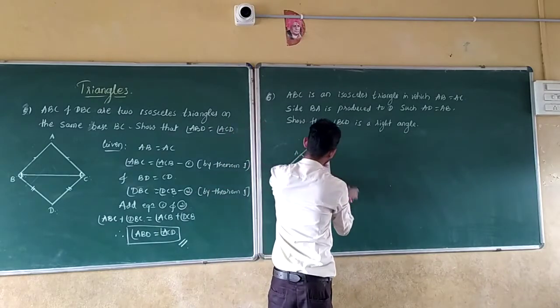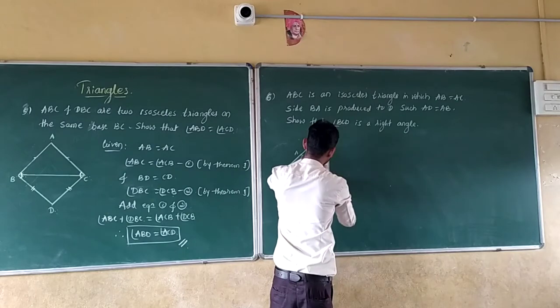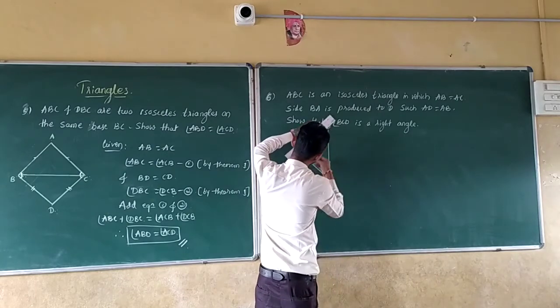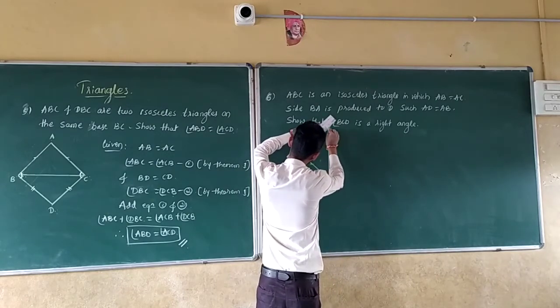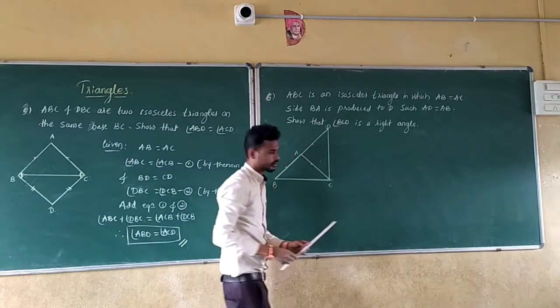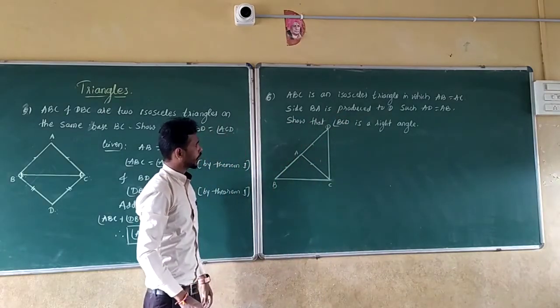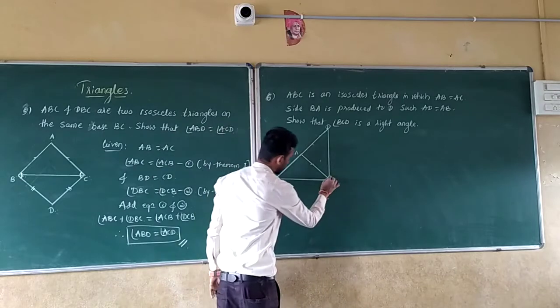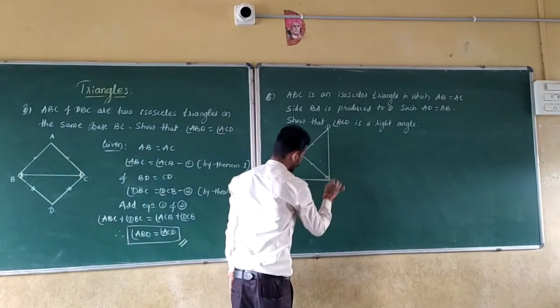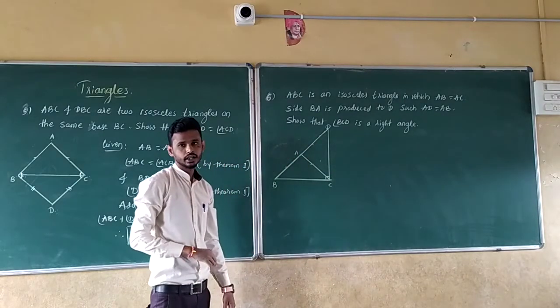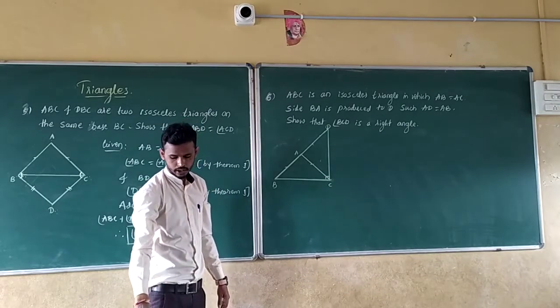Then join this. Now show that angle BCD is a right angle, means we need to show this angle is 90 degree. Let us see how to show that.